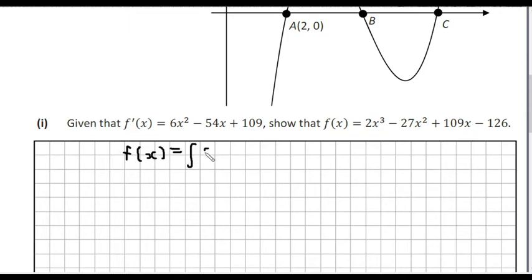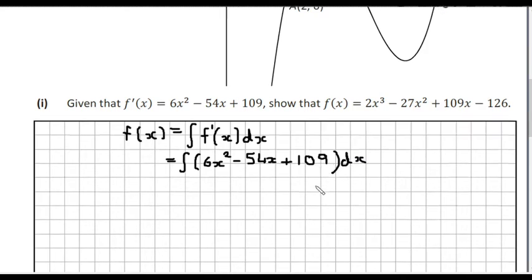For now I'm going to write down the integral of f dash of x dx. So we're told here that the first derivative is 6x squared minus 54x plus 109. So we're now going to integrate this in order to get our original function.